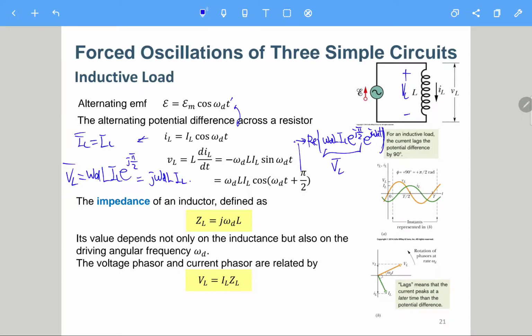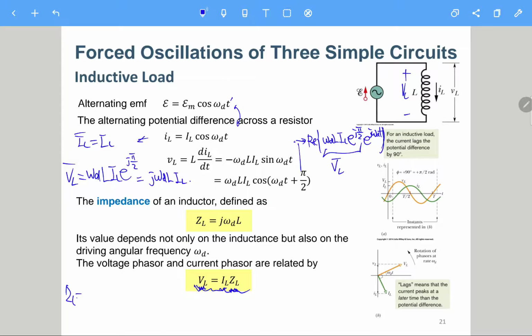In that case, it still looks like the general case of Ohm's law, V equals IR, but here we have the phasor of the voltage, the phasor of the current, and the impedance of the inductor.